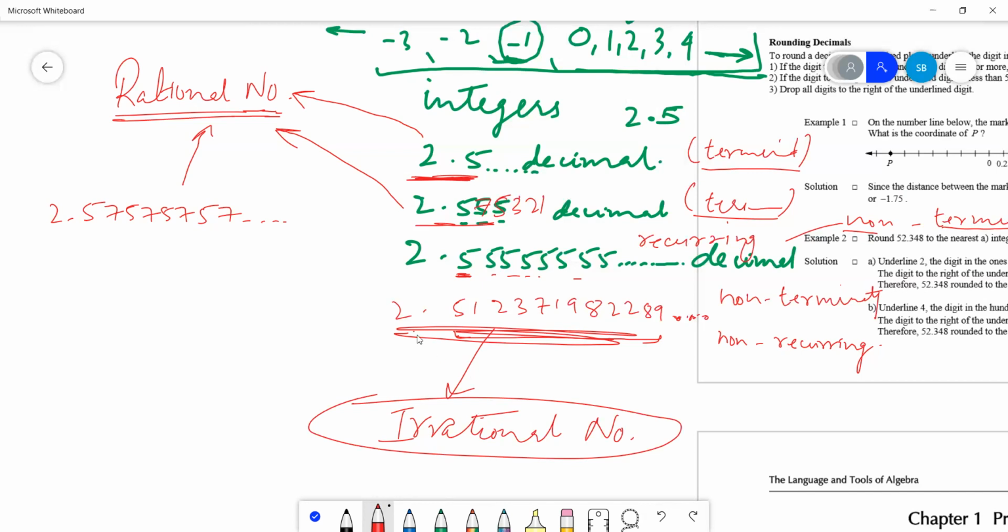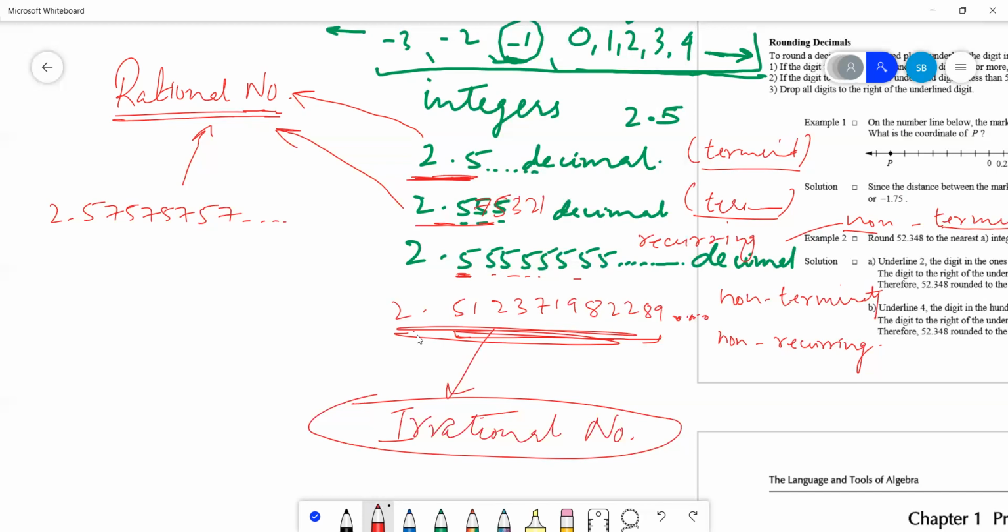So in general, what we can say is that a decimal which is terminating is a rational number. As simple as that. But a decimal which is non-terminating but recurring is also a rational number. It's not terminating, but it is recurring.